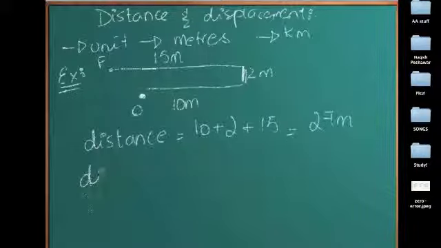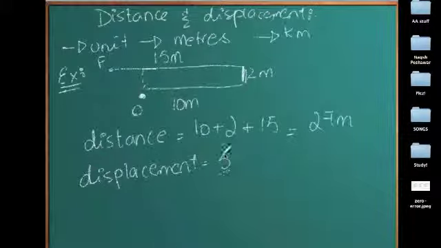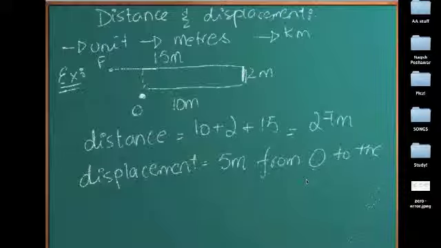However, if I ask you your displacement, it is not 27 meters. Since this is 10 meters here, and this is an extra 5 meters, it is simply 5 meters from O to the left or to the west, because this depends on your final and original position. The path taken is not of importance.